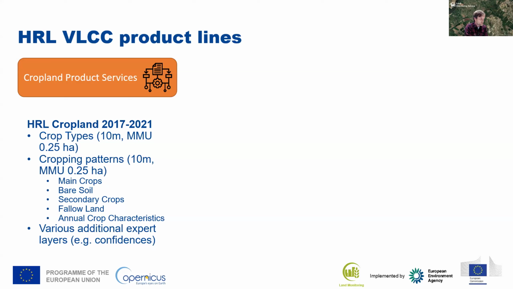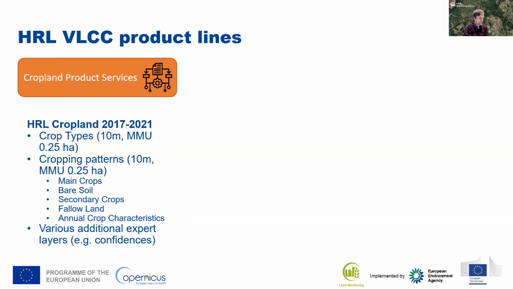The products are also accompanied by additional cropping pattern products, which provide additional information on management practices on these cropping areas. These can be categorized into the main crop, the bare soil, secondary crop, fallow land, and annual crop characteristics products.